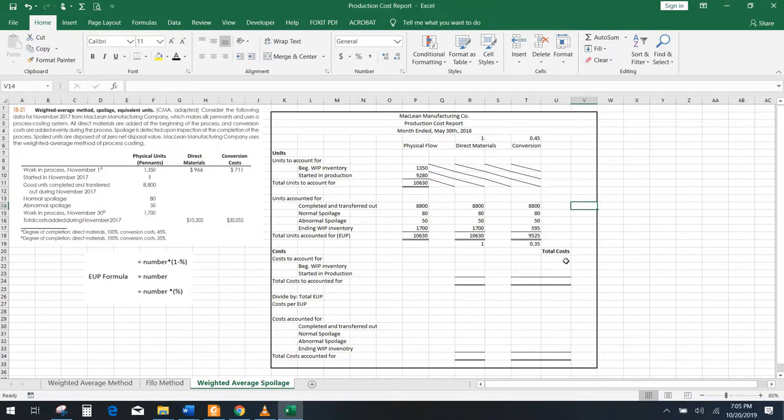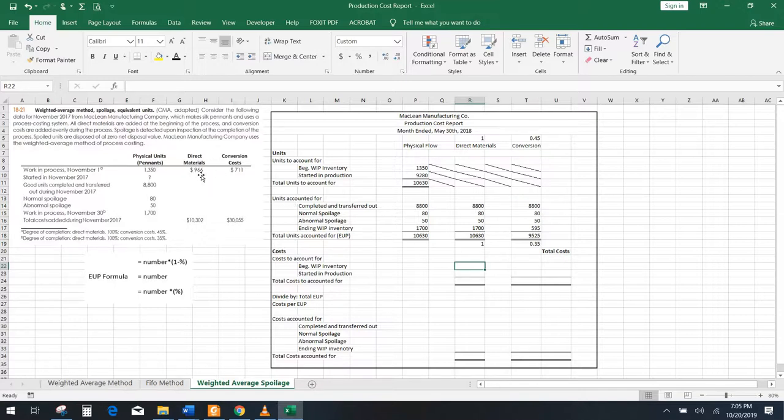Okay. Now, the costs here. Cost to account for. We do that the same way that we did in previous weighted average problems.